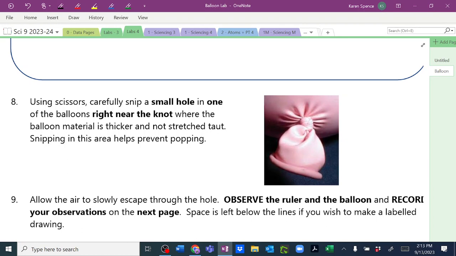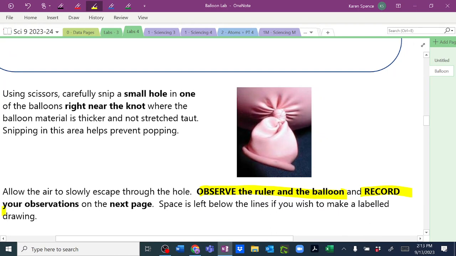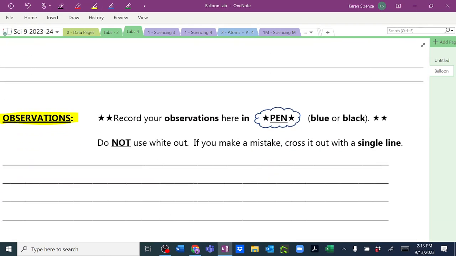You are going to observe the ruler and the balloon, and you'll record your observations on the next page. So let's go to the next page. What kind of writing implement will you use to record your observations? Pen. If you do not have a pen, come see me, I can lend you a pen.